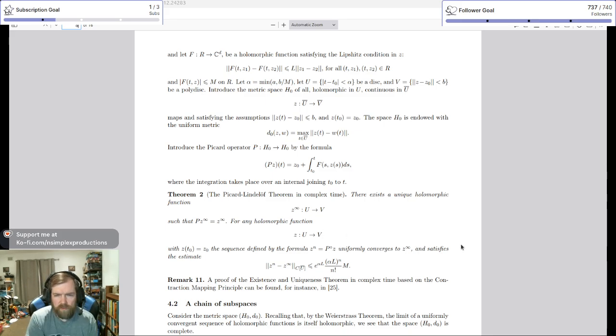For any holomorphic function Z mapping U to V with Z of t0 equal to Z0, the sequence defined by the formula Z to the n is equal to P composed.